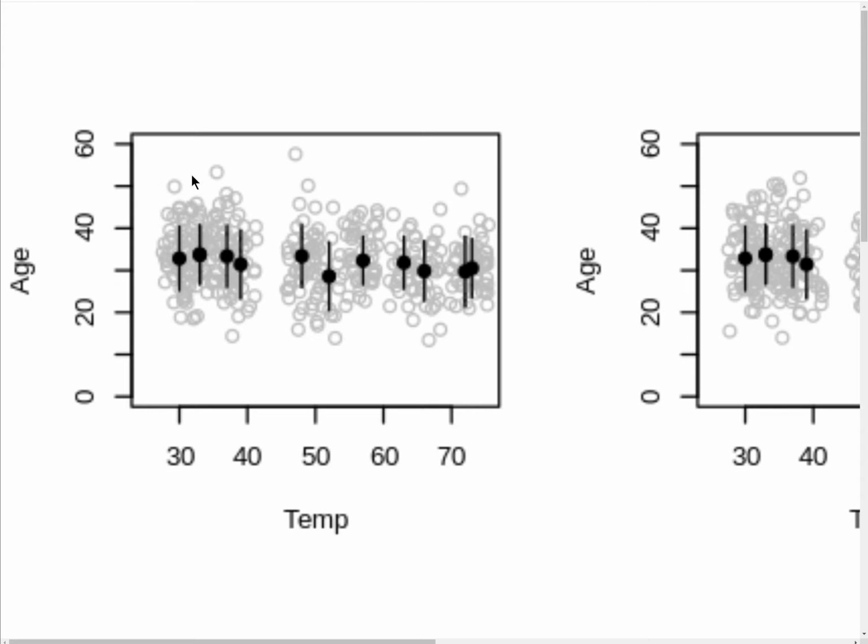Now the little gray circles are me simulating data, based on the mean and standard deviation of that month. I've also added some jitter so they go horizontal. Even though all of these, for instance, would have been at the same temperature, I've jittered them so you can see them more clearly, and also because the temperature certainly had some variation in it.